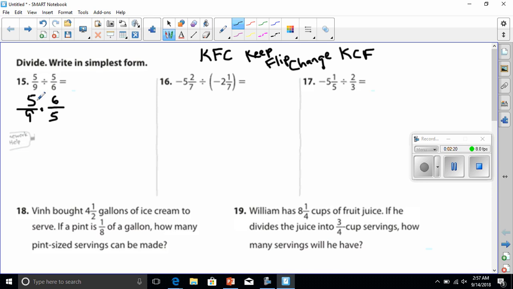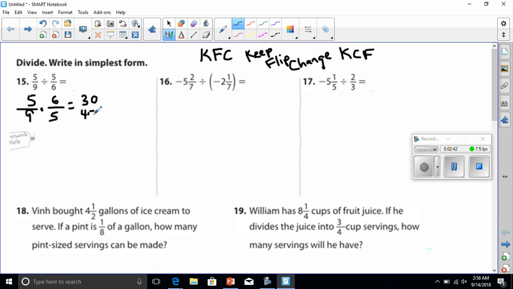Before I multiply across, I see if there's anything that I can go ahead and divide out using the butterfly method. I would get the same answer either way, so I'm going to demonstrate it both ways here. 5 times 6, if I just multiplied it out, would give me 30. And 9 times 5 would give me 45.